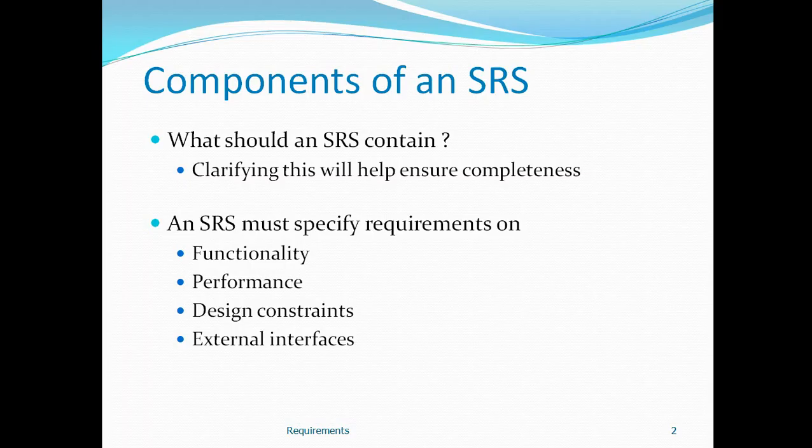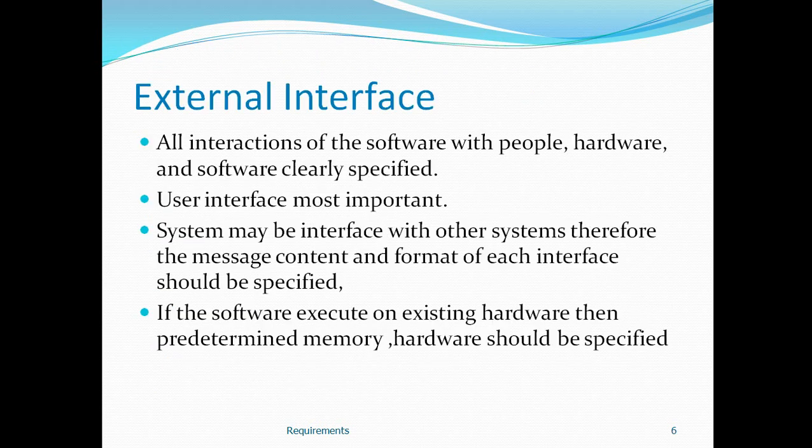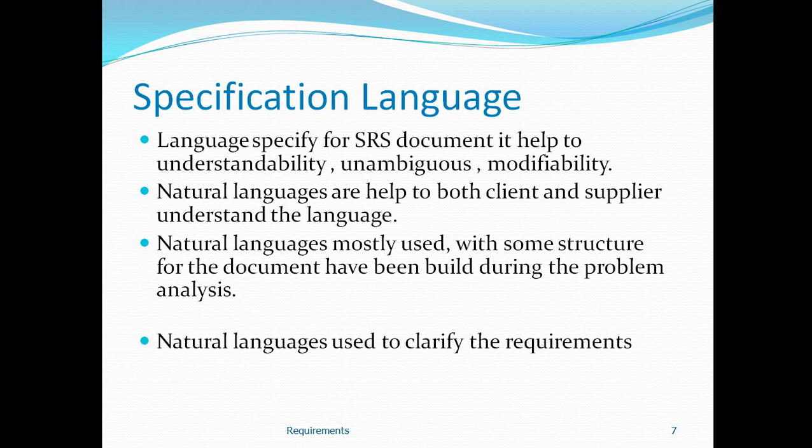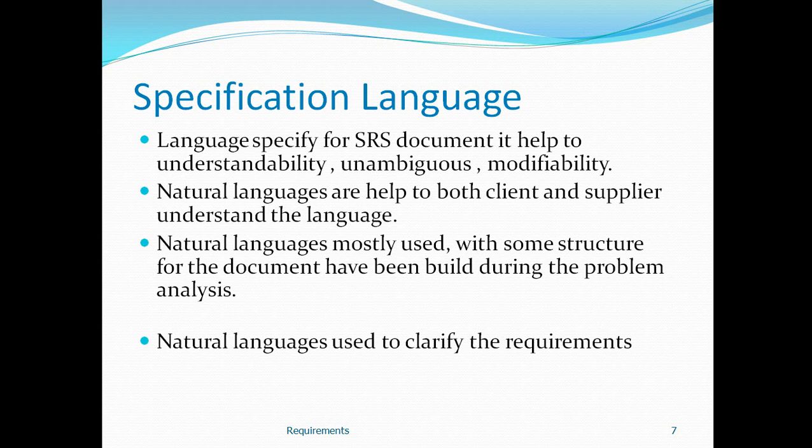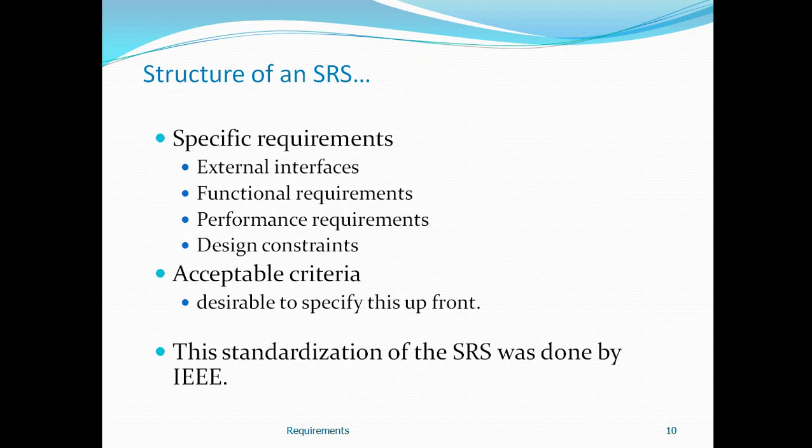In this session we discussed the components of an SRS, which are the properties of an SRS that help to improve its quality. There are maybe 6 categories: functionality, performance, design constraints, external interface, specification languages and structure of an SRS.